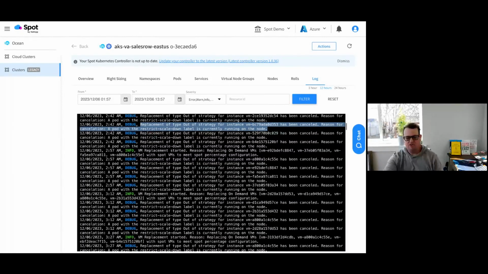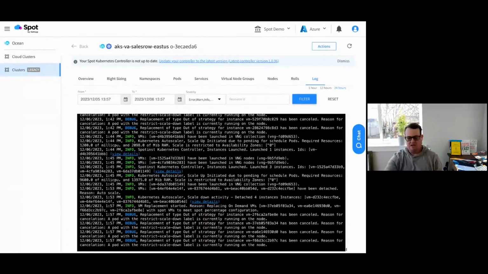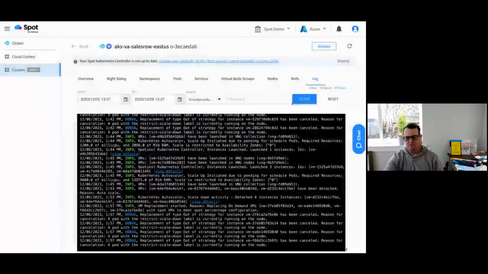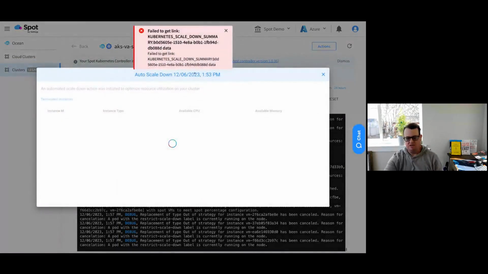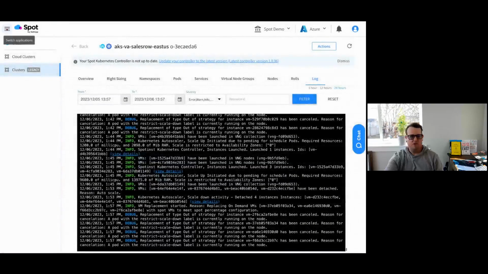A pod with the restrict scale down label is currently running on the node. So this means we respect what your pod is trying to control as well, so that we're not taking down your application. Last 24 hours, you can just get more. And then view details. Oh, that's embarrassing. View details allows you to get more details into what's actually going on, but it's not showing up right now. So that's Ocean.